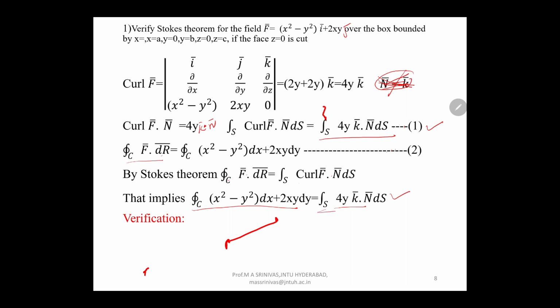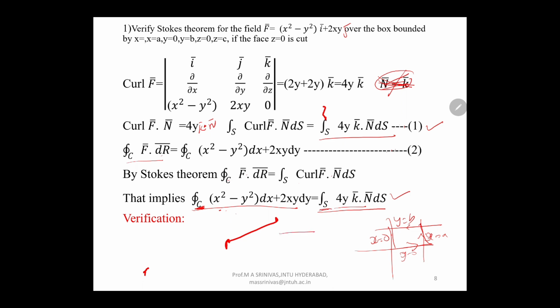For verification, we have to evaluate both the left hand side and the right hand side. What is this C? C is the rectangle y equal to 0, x equal to a, y equal to b, and x equal to 0. So this is the rectangle, this is my C. What is S?